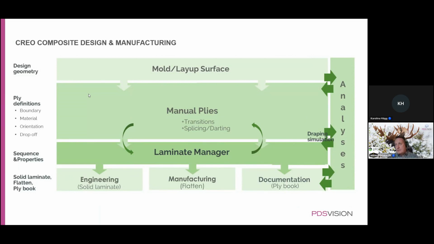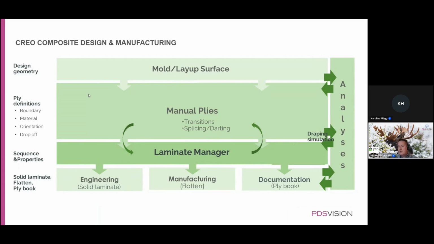In the ply definitions, of course, we have to define the size, the material, and the fiber orientation. And the drop-off simply means how, if one mat is going over the other one, the edge and the transition work.